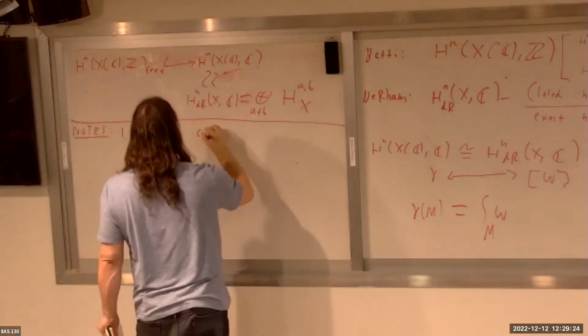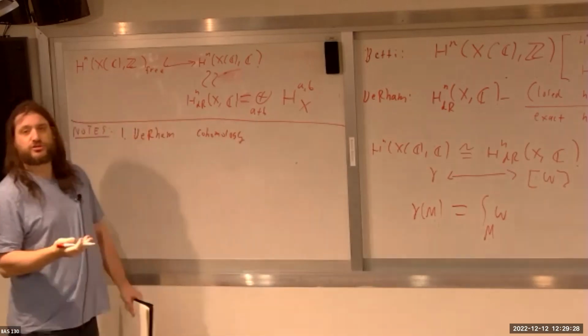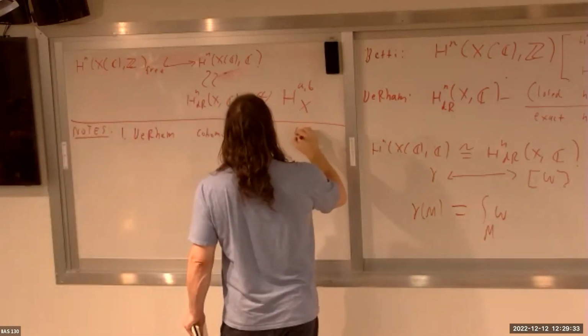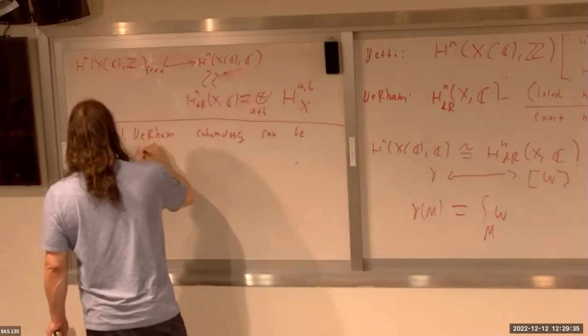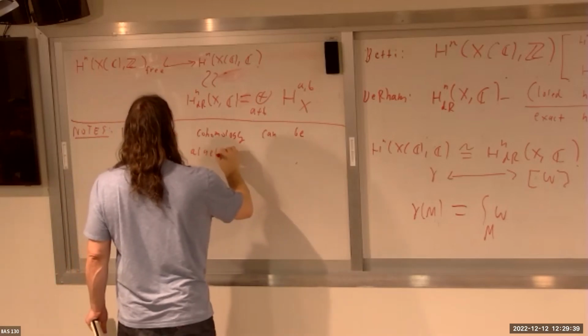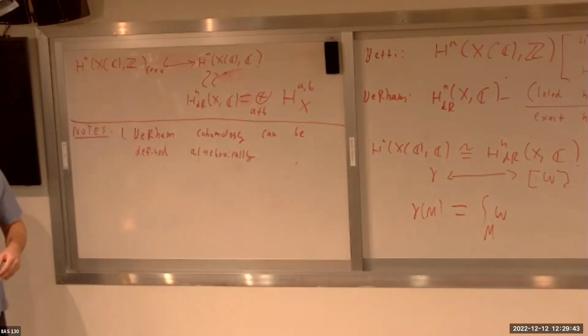But the de Rham cohomology, even though it has this description topologically, it can be defined algebraically. So I'll say a few words about why in a minute.